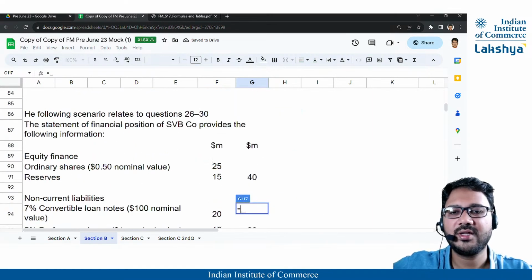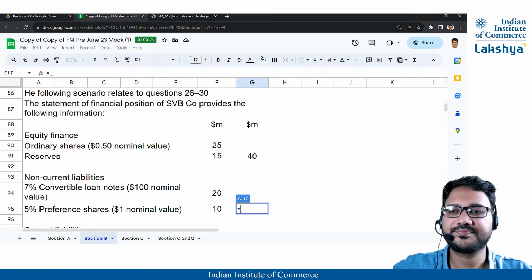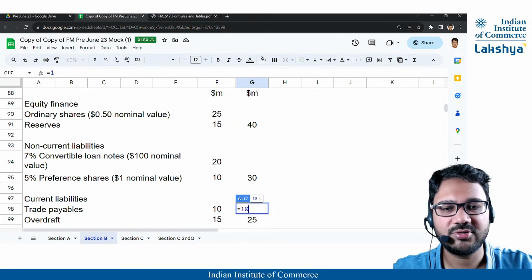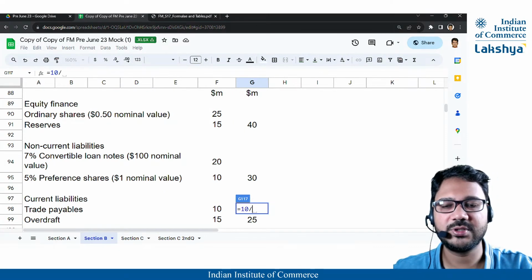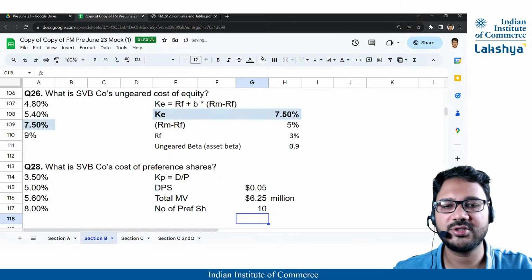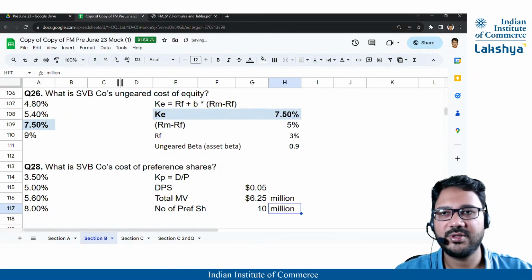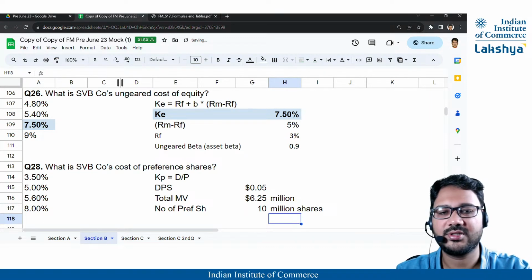We know there is 10 million book value, so 10 divided by the per share value of $1 means 10 million shares are there.